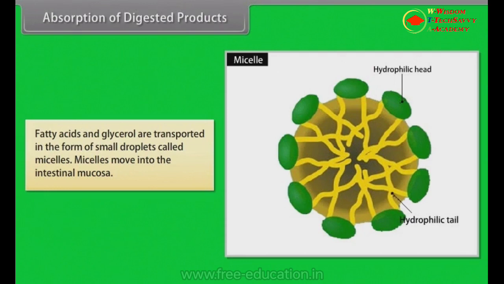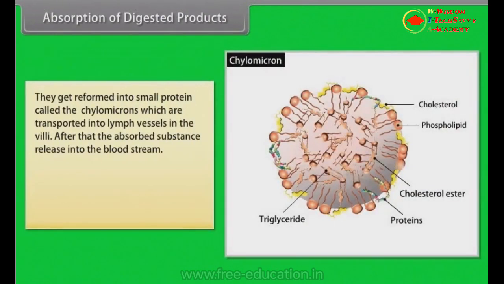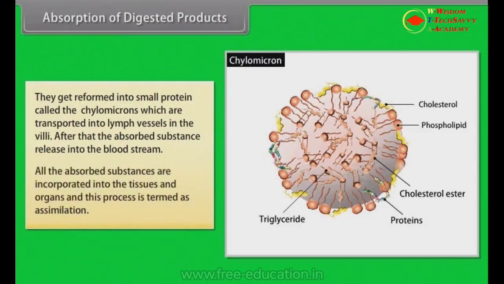Micelles move into the intestinal mucosa. They get reformed into small protein-coated particles called chylomicrons, which are transported into lymph vessels in the villi. After that, the absorbed substances are released into the bloodstream. All the absorbed substances are incorporated into the tissues and organs, and this process is termed assimilation.